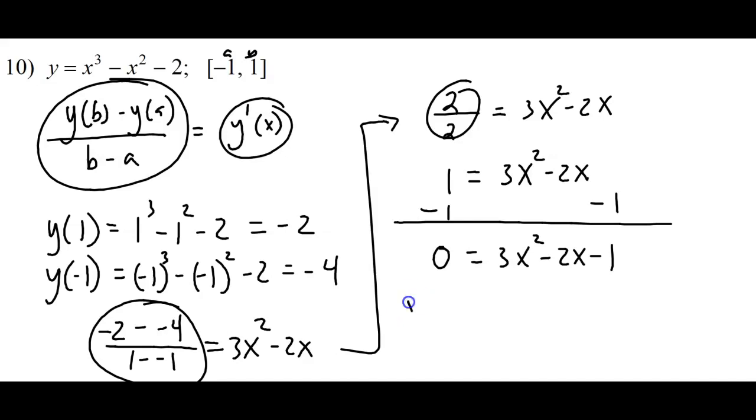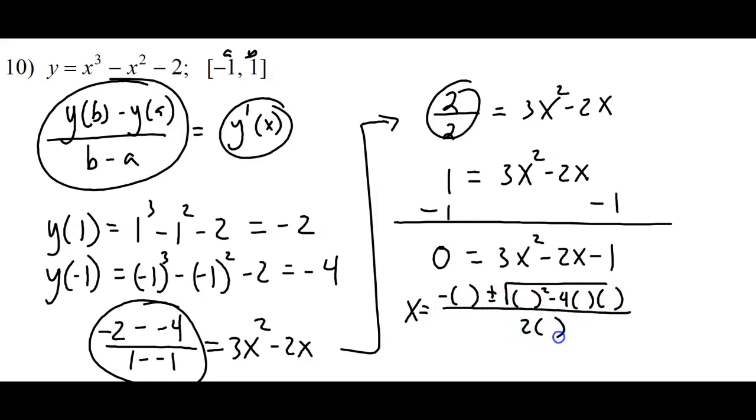So to solve for x, we're going to do the quadratic formula. That's negative b plus or minus the square root of b squared minus 4 times a times c, all over 2 times a.